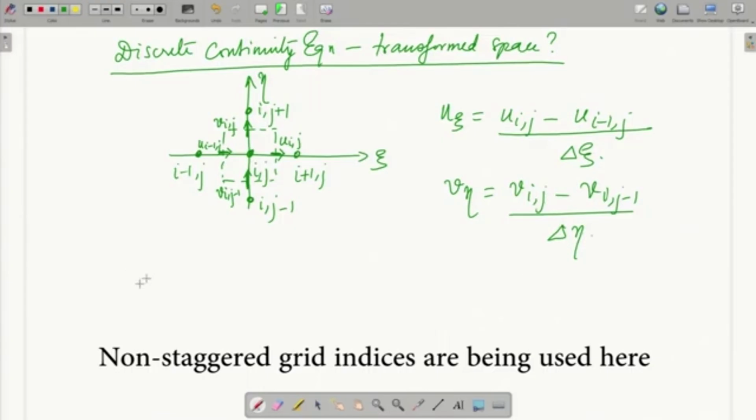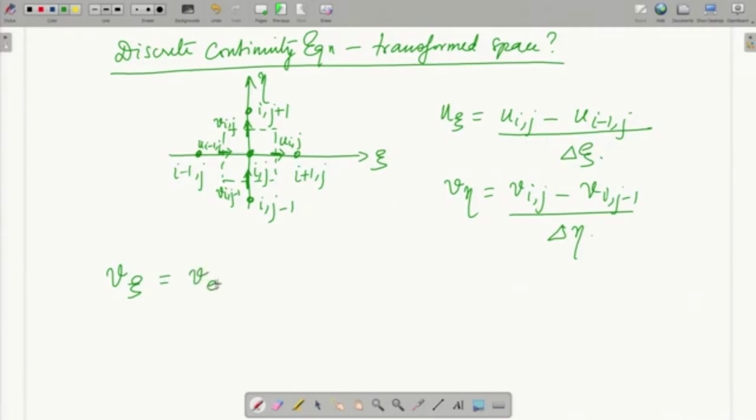How about v xi? So, that will be like V E minus V W by delta xi, where V E has to be defined here, V W has to be defined here. These were not there, if you remember, when we were dealing with continuity equation on a Cartesian mesh in the physical domain. Things were much simpler, because we just dealt with del u del x and del v del y.